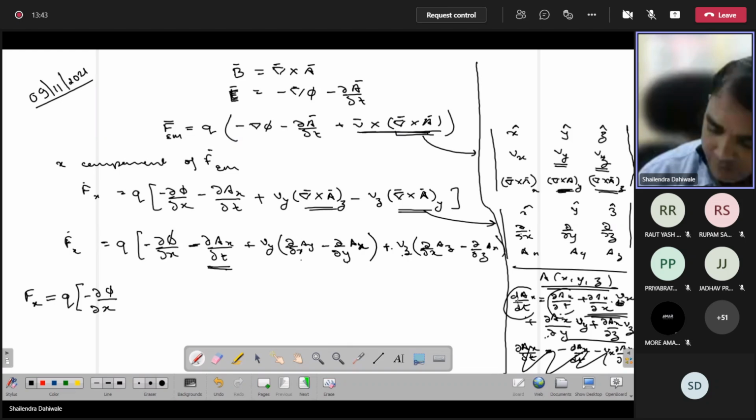This sign is minus, and with this minus sign they will become plus.